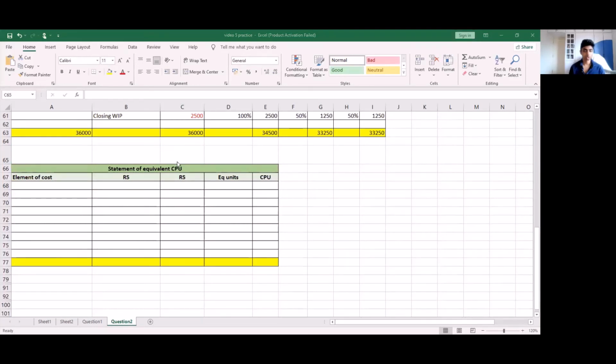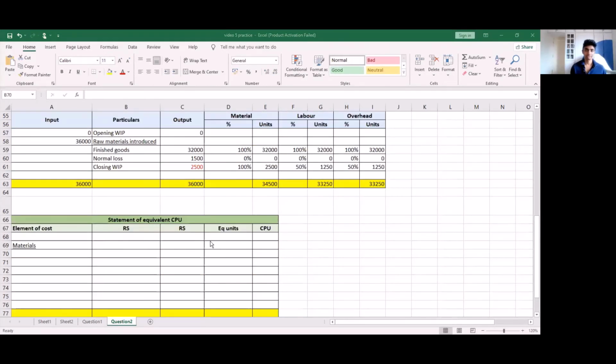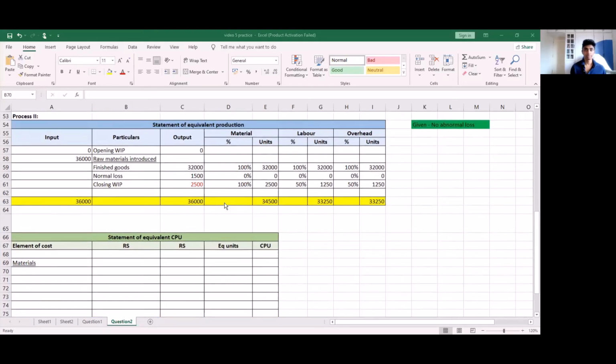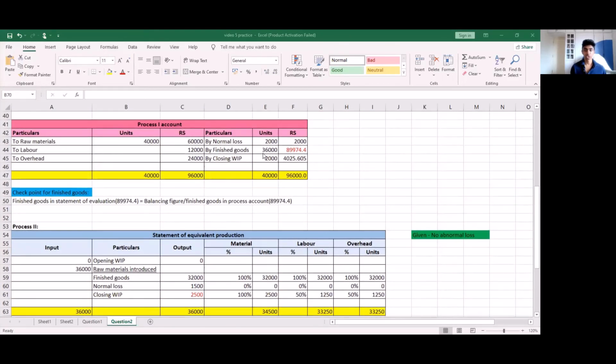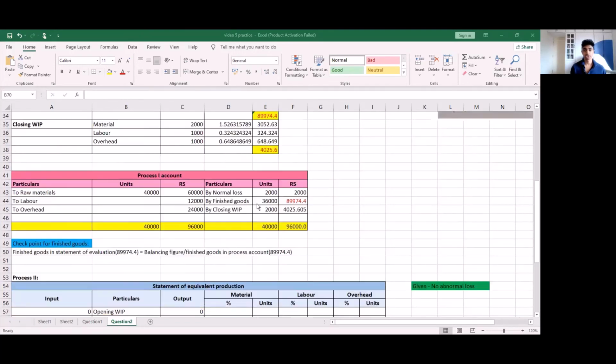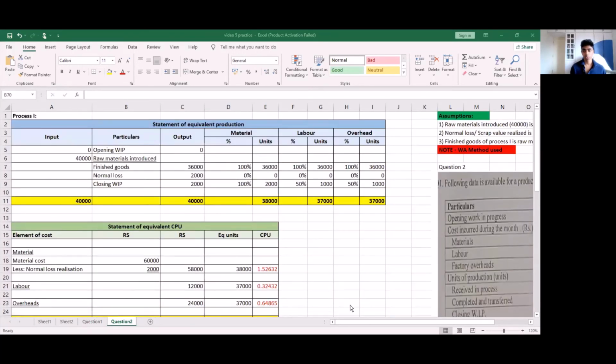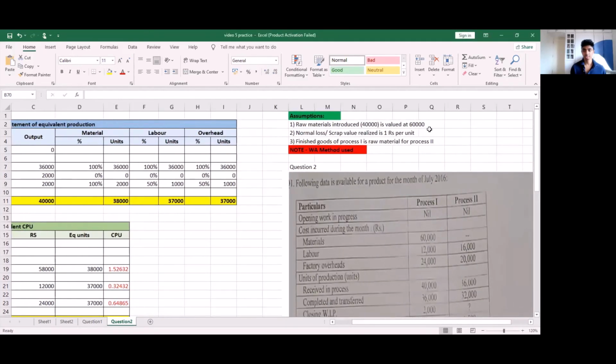So in our statement of equivalent cost per unit, we first have materials. For materials, our amount will be the amount of finished goods that we had from our process one account. As I already mentioned in our assumptions, we assumed that finished goods of process one is the raw materials for process two.